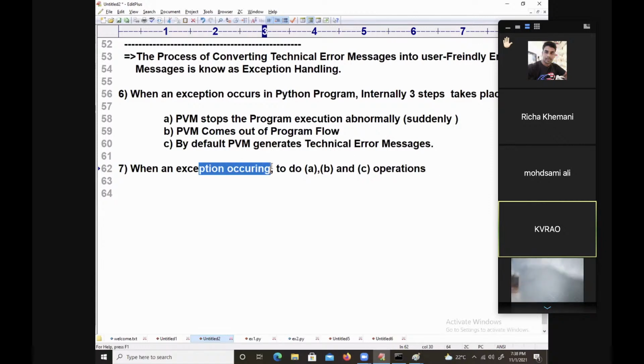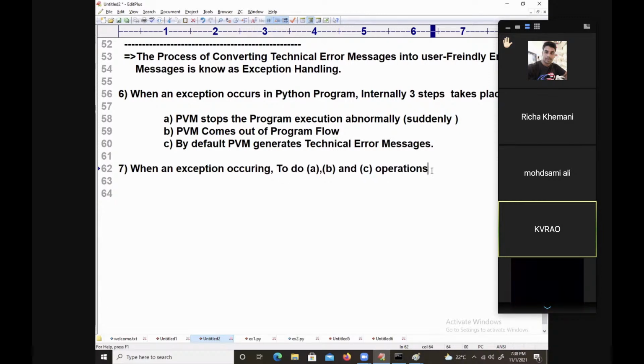When an exception is occurring, to do what operations? To do A, B, and then C operations, internally, and this is a most wonderful point, PVM creates an object.